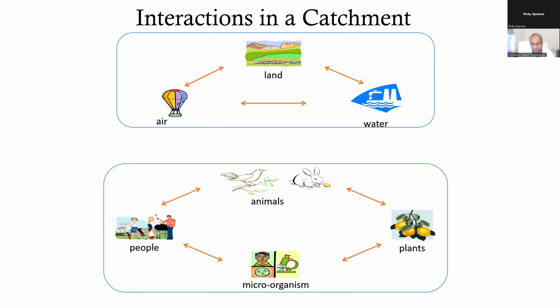So all these elements are impacting each other. This is the land, air, and water also interacting with all the things at the bottom, impacting on each other. Interactions in the catchment are quite complex, but by monitoring various things in the catchment, we can understand what is happening, why it is happening, and what we can do to manage the catchment more effectively.